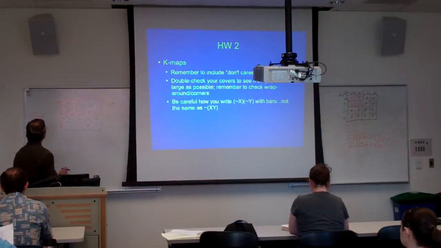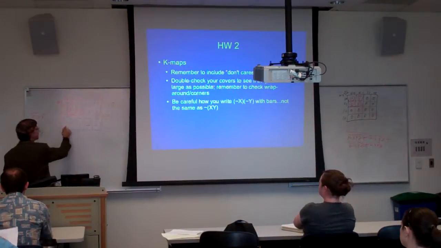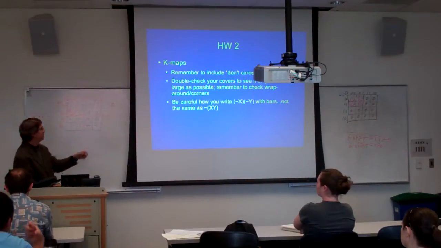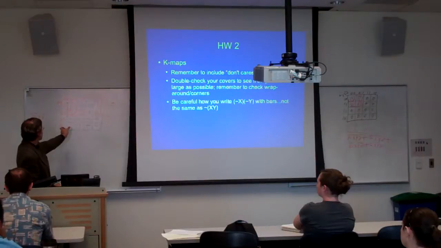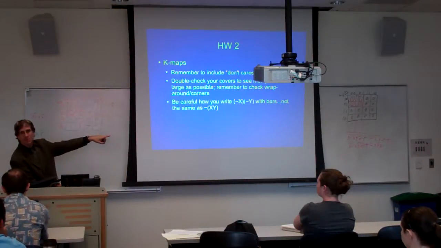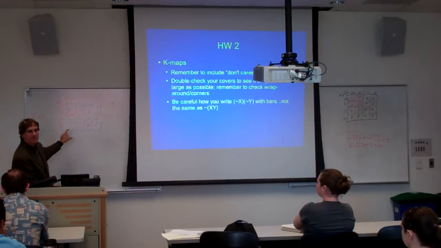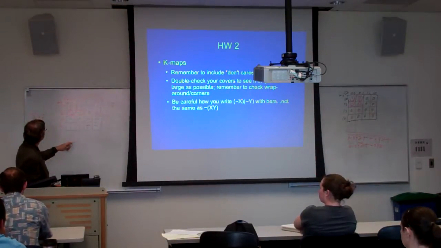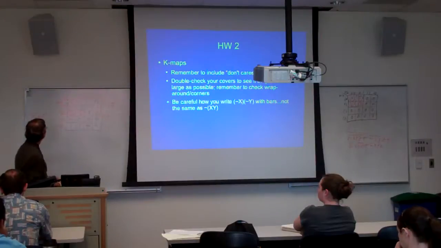If you have a rectangle that's just 1 by 1, you're going to have 4 terms in it that are ANDed. If it's a rectangle covering 2 squares, you're only going to need 3 terms. If it's got 4 squares, you're only going to need 2 terms.